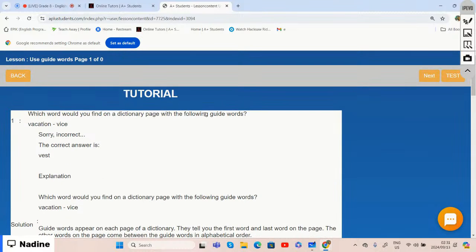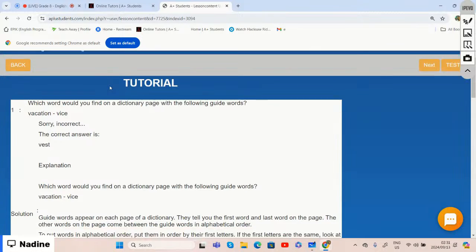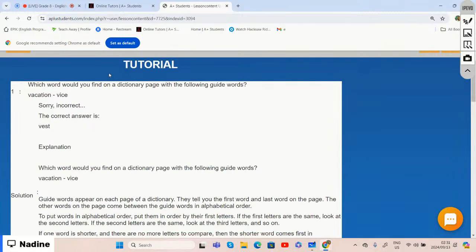All right, so now we're going to our test, right? And we are going to now look at guide words, and we're going to look at words that you may find on a dictionary page with the guide words. So remember, the guide words are the first word on the page and the last word on the page.